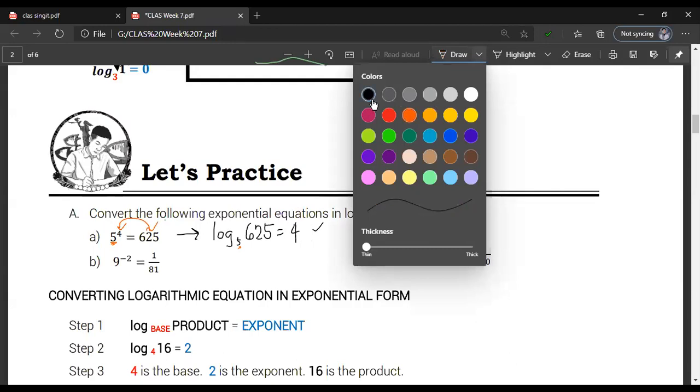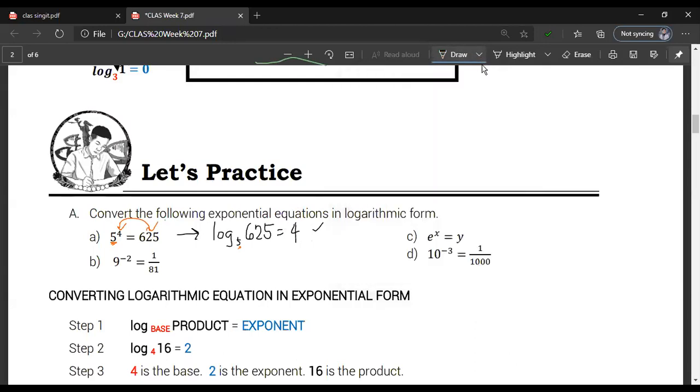Okay, siguro isa pa. Ito na, letter D. Ano yung answer? We have 10 raised to 3 equals 1 over 1,000. So, what would be the answer?